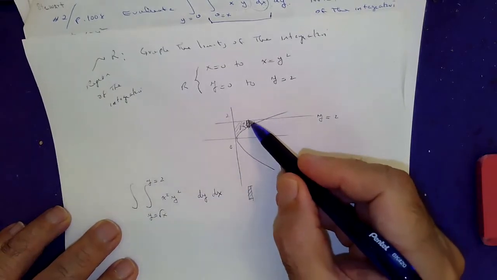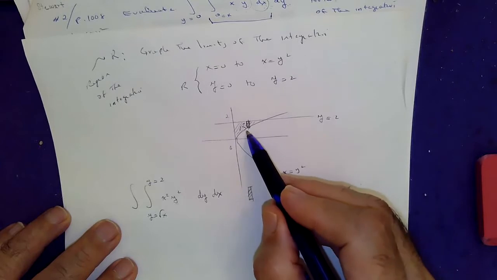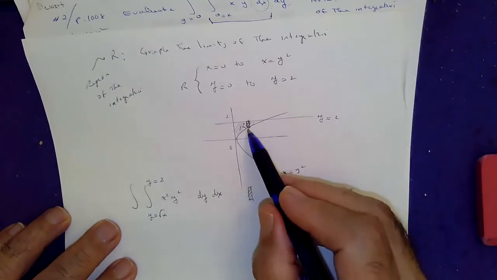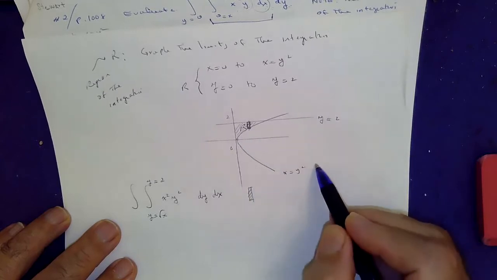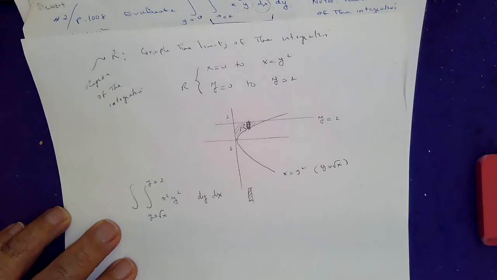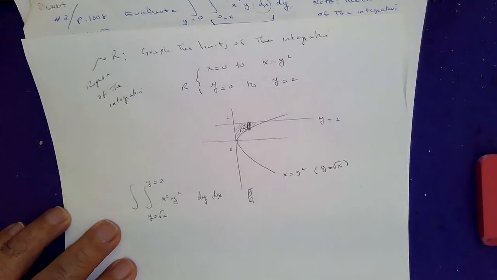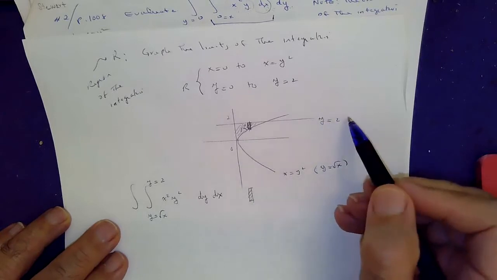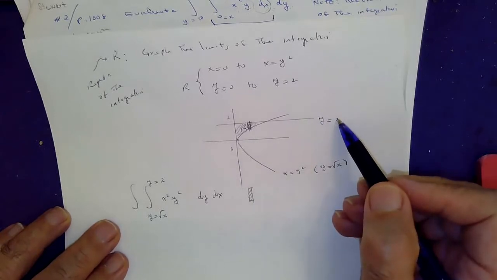So from here to here, the bottom of this rectangular element is on this curve, whose equation happens to be y equals the square root of x. And the top is y equals 2 because it's a horizontal line, so it's constantly equal to 2.